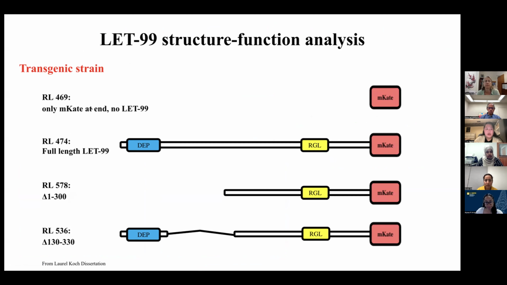The first one has only mCherry at the end and no LET-99. The second one is the full length LET-99 with mCherry. The third one is delta 100 to 300, which means the loss of the first 300 amino acids. And the last one is delta 130 to 330, the loss of a smaller region.